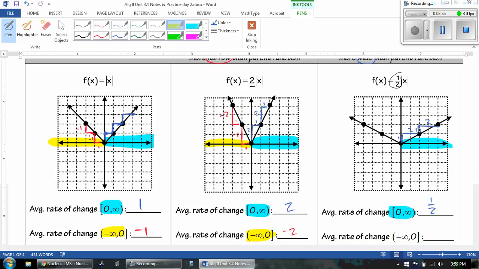And then in the opposite direction from negative infinity to 0, we're going to be down 1 over 2, down 1 over 2. So if you notice, when it was a whole number, we got narrow. When it was a fraction, it got wide.